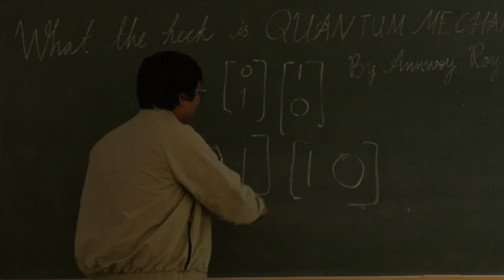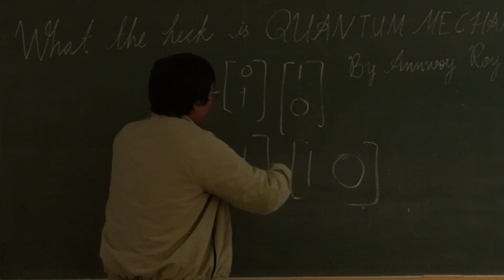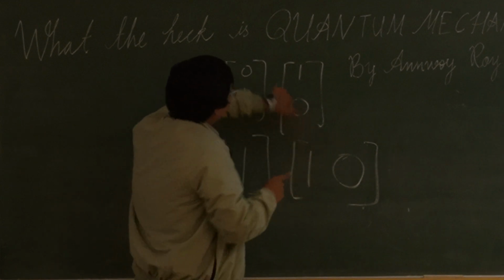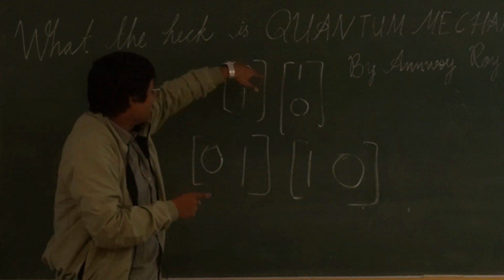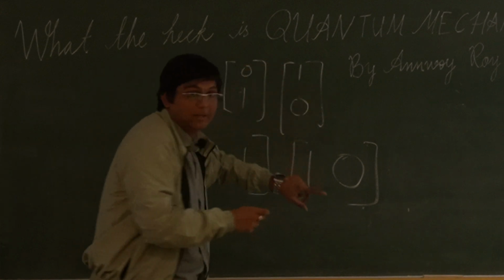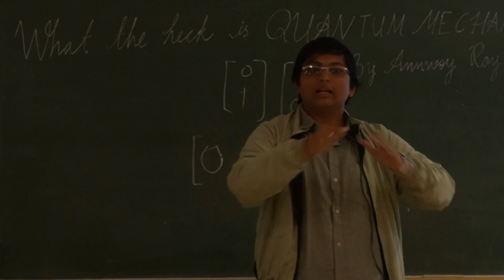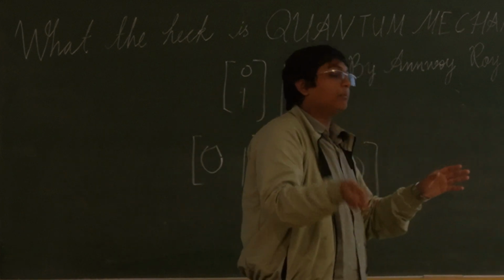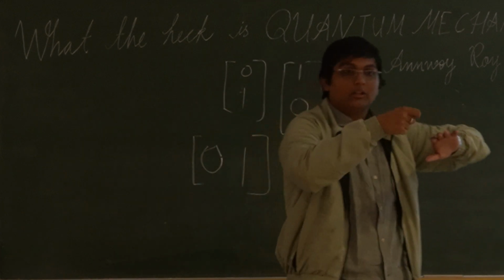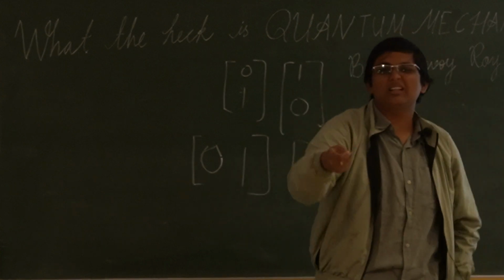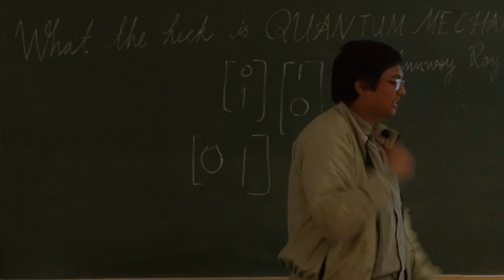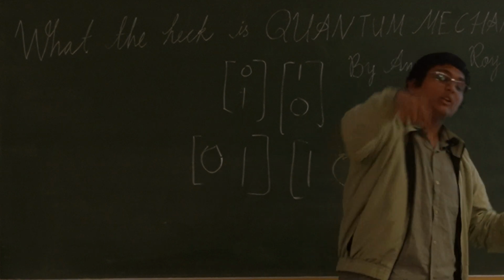And this vector space is called the dual space of the real two-dimensional vector space. So the ket is a vector in a 2D complex vector space, and the bra is the dual of that vector, in the dual space.